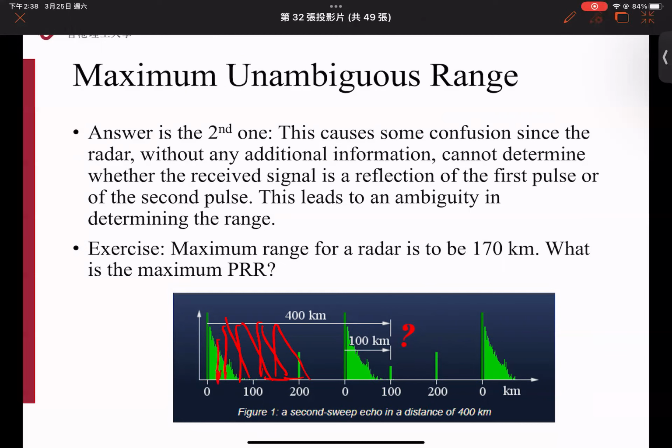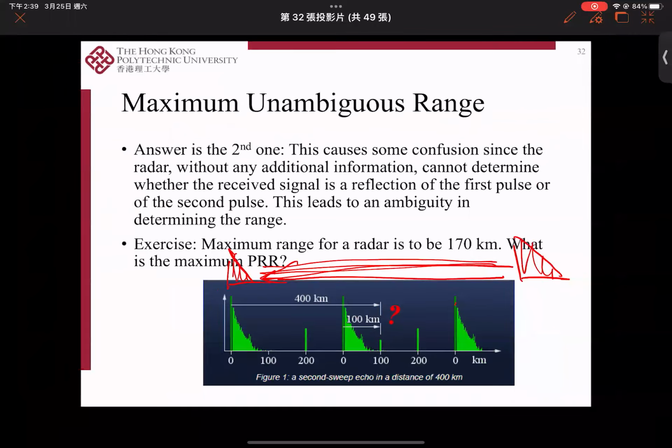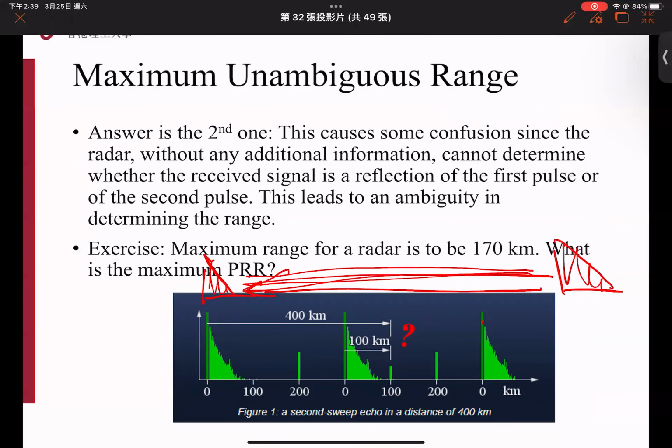If the pulses are far away from each other, you have a longer time to receive the same signal. So the ability of detection on range increases because you have a longer gap to receive the signal.